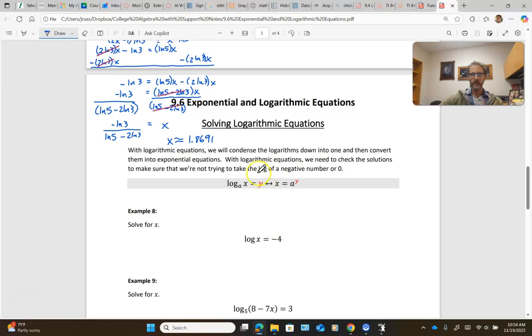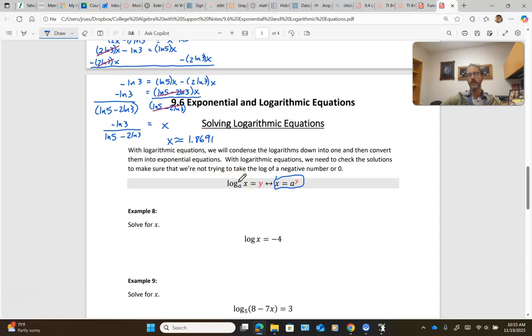Now, you have to remember, what is a logarithm? Log base a of x equals y. What does that mean? Well, that means this right here. And if you recall from 9.4 when we studied those logarithms, this is the way we would convert a logarithmic.